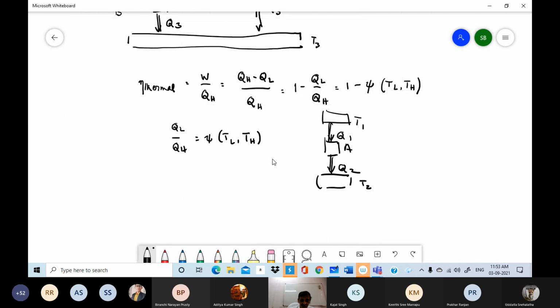So then QL and TL are Q2 and T2, and QH and TH, the high temperature reservoir and the heat transfer from that, are Q1 and T1. So I can write Q2 by Q1 equal to psi of T2 by T1.